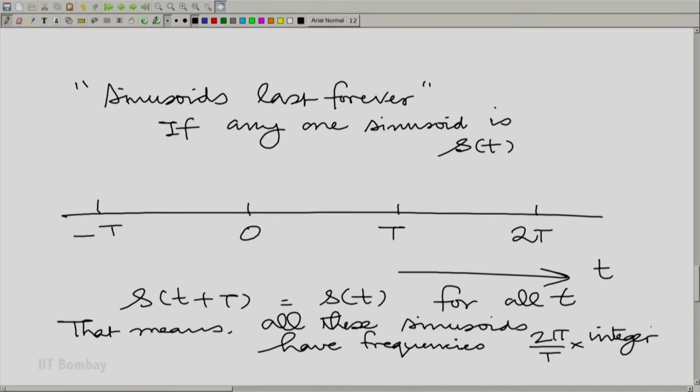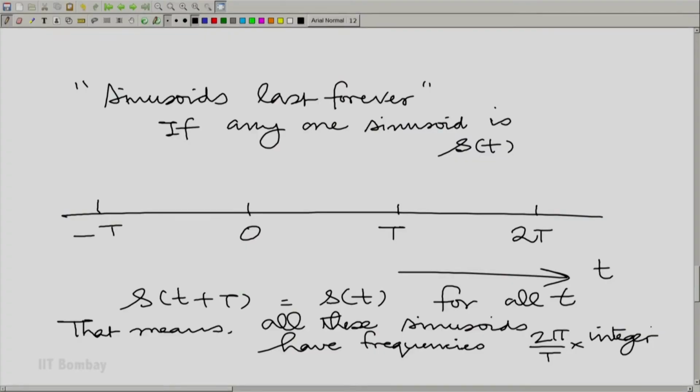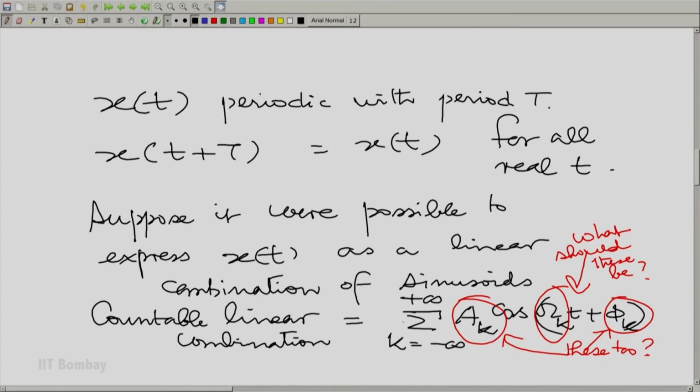In fact, we can be quite happy with positive integers. There is no need to take negative integers here. So, although I have written k equal to minus infinity to plus infinity in the previous expression, I do not really need this minus infinity to plus infinity here. I could be quite happy with 0.